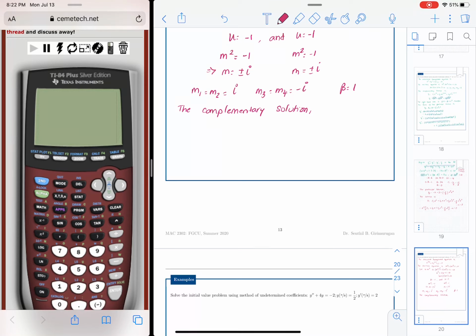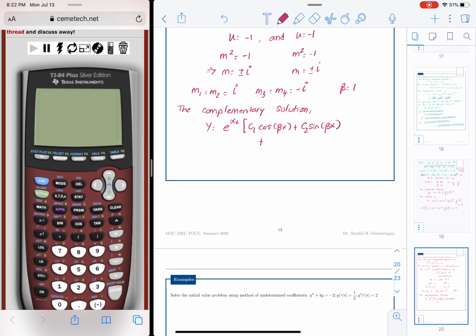So the complementary solution, we know in this case, is e raised alpha x, a cosine beta x, plus b sine beta x, or stick with C1, C2.